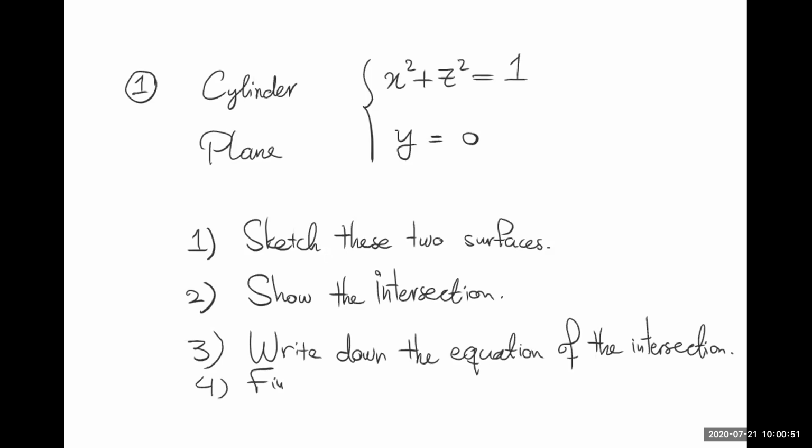Find a time parametrization. Well, the intersection would be a curve. Find a time parametrization for what we call the intersection curve.